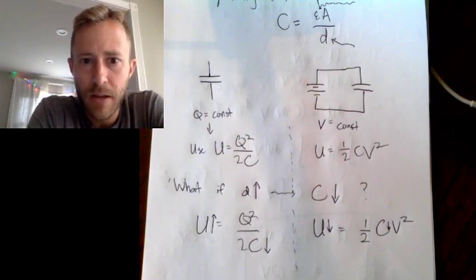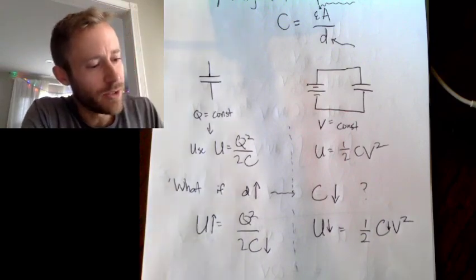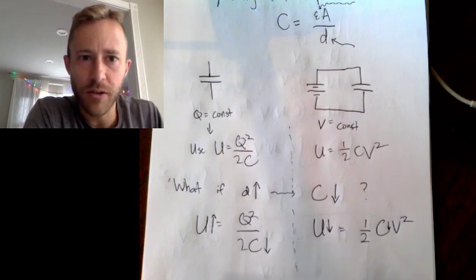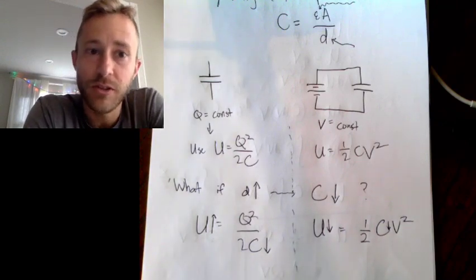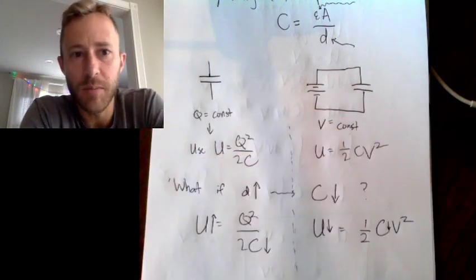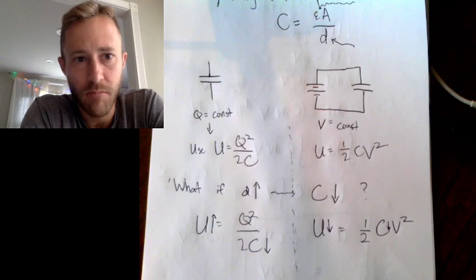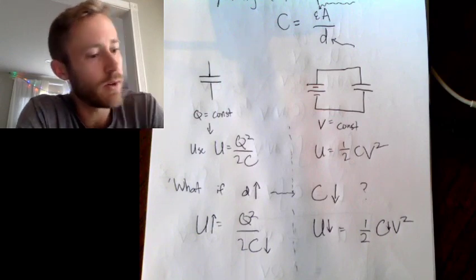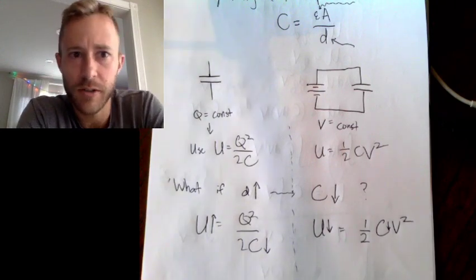So notice how we get different conclusions for how the electrical potential energy changes depending on what we're keeping fixed on the capacitor while we make those changes. That is the important part of what you need to understand regarding this.